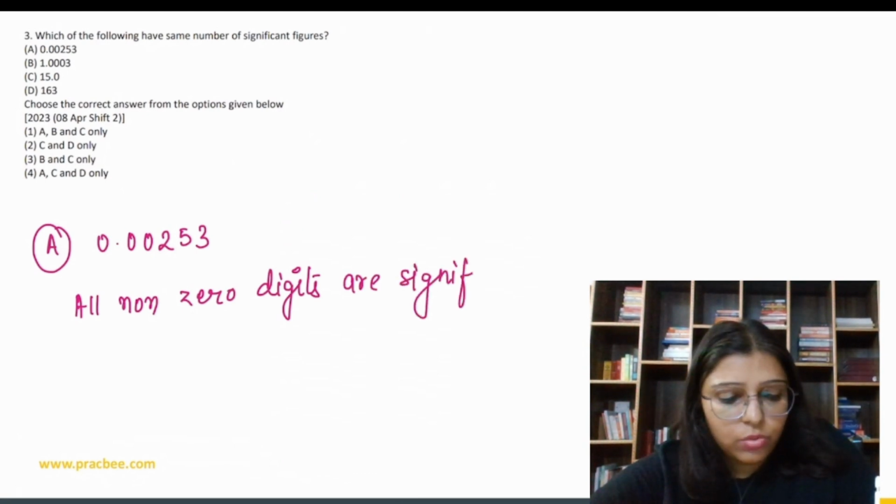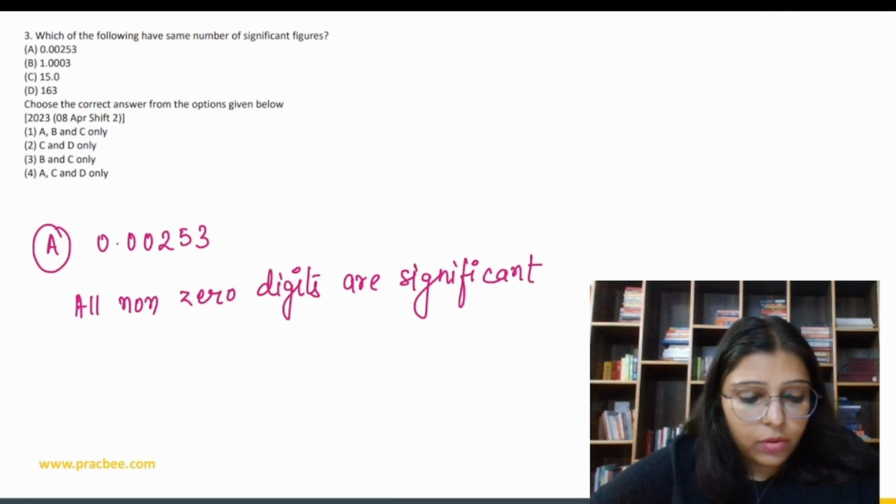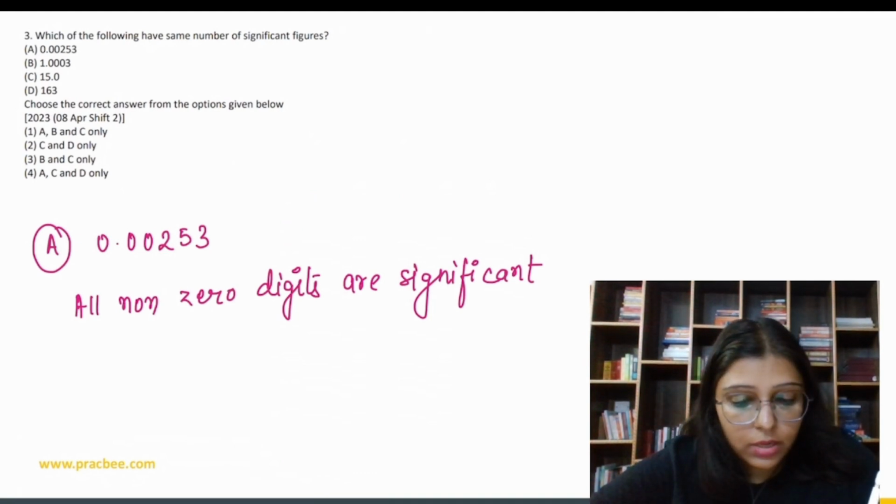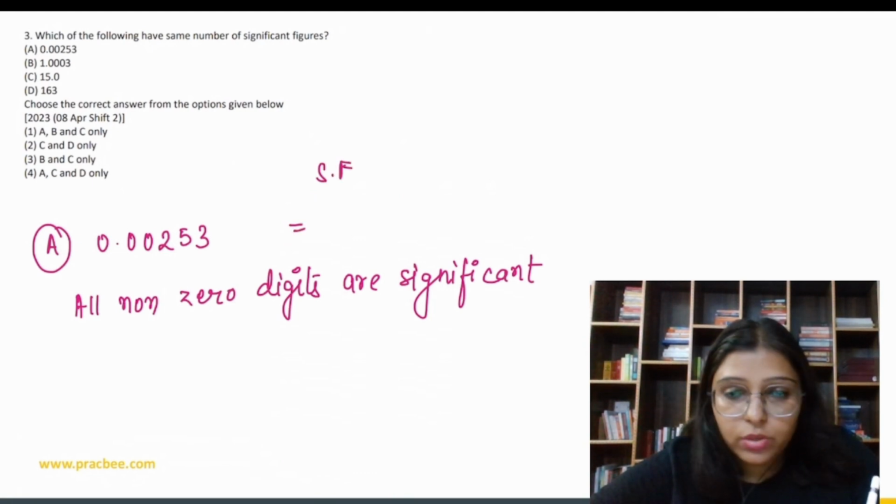We have certain rules for that; you can take a look at NCERT to understand the significant figures rules. Otherwise, I am going to explain some of the rules here. So in 0.00253, all non-zero digits are significant. So the total number of significant figures is 3.